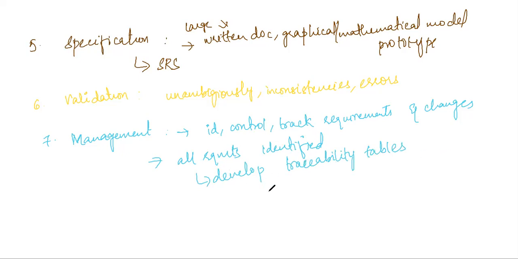Within these traceability tables, we have discussed there are five different types: the feature traceability table, source traceability table, subsystem traceability table, interface traceability table, and dependency traceability table.